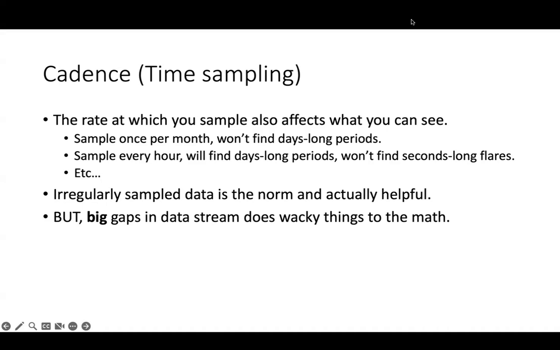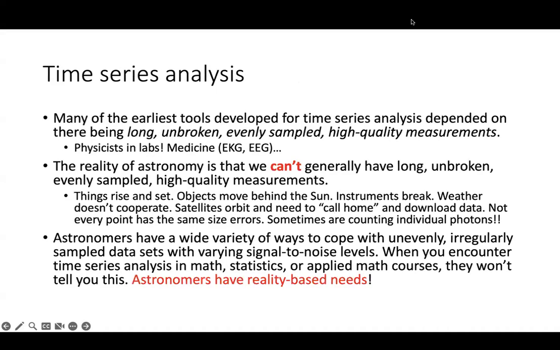But remember that irregularly sampled data is the norm in astronomy, and it actually is really helpful in terms of finding these different timescale things. I'll show you examples of that later in this slide collection. It turns out that really big gaps in the data stream do very strange things to the math, and we'll talk more about that later.